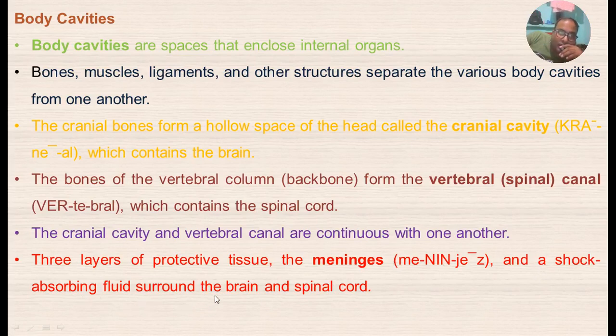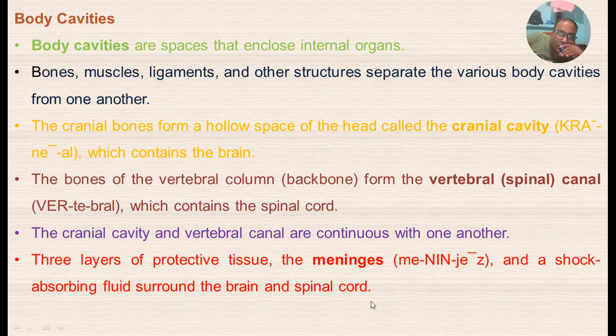So as I discussed, the brain is a very delicate organ, made up of very soft tissues. So it needs protection from jerks and any kind of injury. It needs a cushion-like structure, a shock absorber.